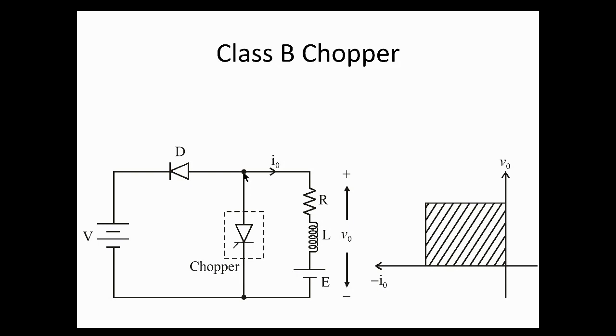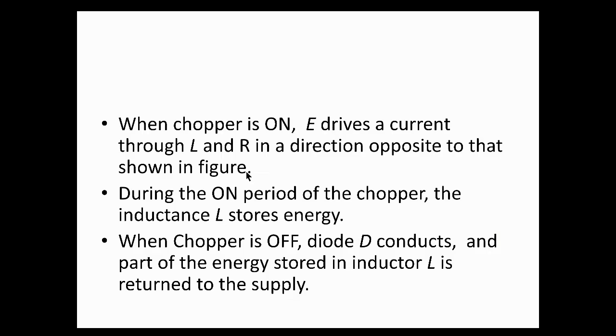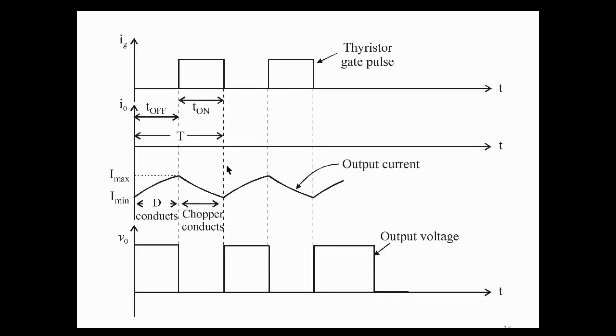So the voltage across this would basically be 0. When the chopper turns off, that's when you have the maximum voltage here. So that's what you have happening as the output voltage. So it's always positive voltage you have.